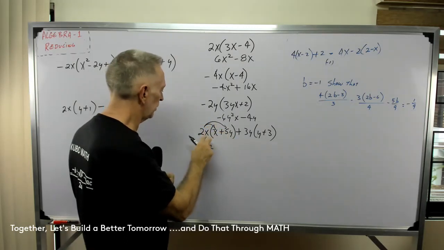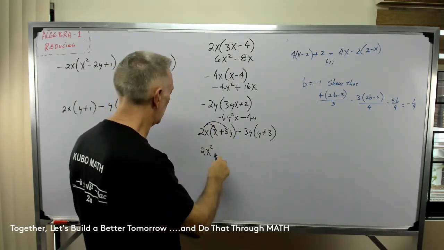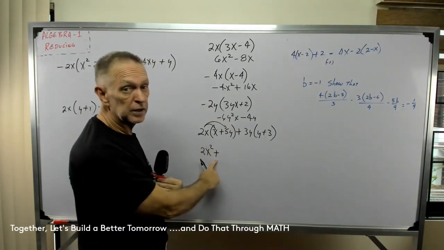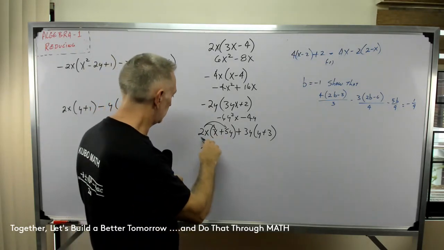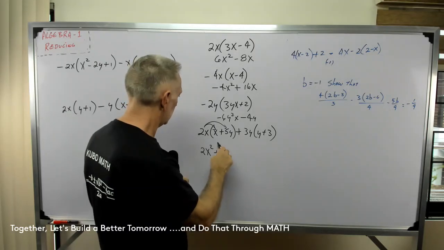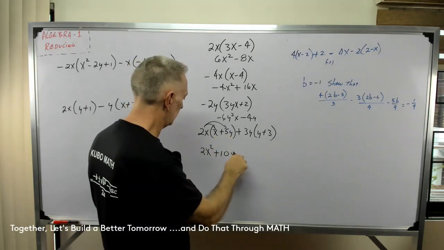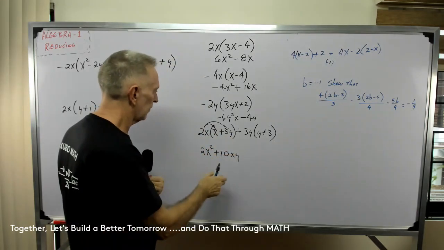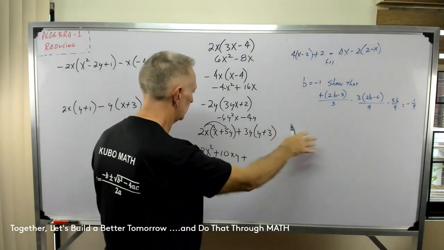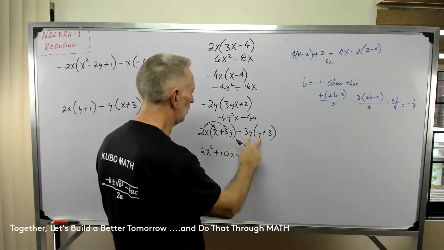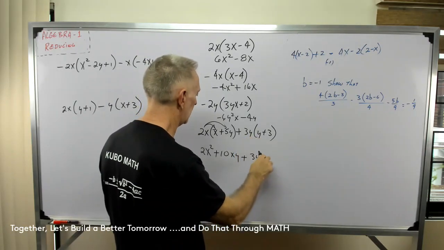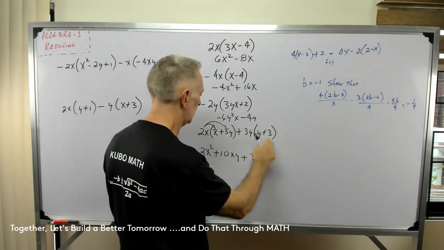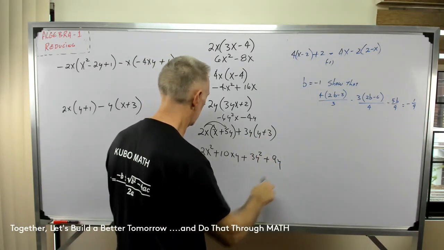And now distribute the 2x times the 5y: positive times positive still gives me a positive, 2 times 5 is 10, x times y obviously is xy. So 10xy plus everything over here: 3y times y is 3y to the second power, plus 9y.